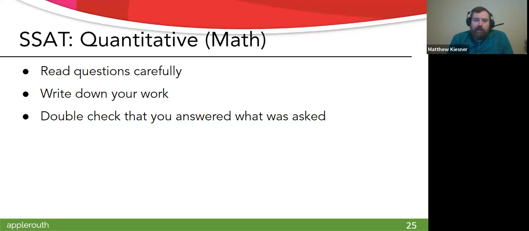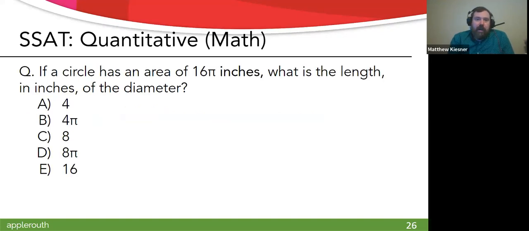This is very great advice, because more often than not, these questions are tricky versus actually mathematically difficult. There are some examples they have here. Here's a circle one, but it asks for the diameter, so of course the radius is one of the wrong answers. But they're definitely going to test on basic geometry.